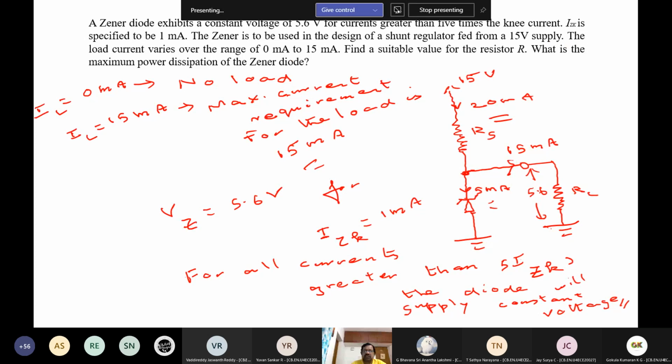So with that, what is the question asked? Now we know the total current that is flowing through. We know this is 5.6 at this point. So the simple answer is we can easily find what is the value of RS.